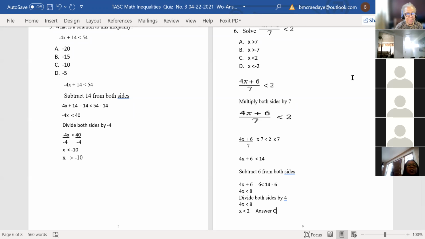Go through that one step by step, but there's a system to this, right? You're saying that although the sign changes, you still multiply with the same number. Yeah, well, Alva, whatever you're dividing by, that's what you multiply by. So if you divide by 7, you multiply both sides by 7, right?